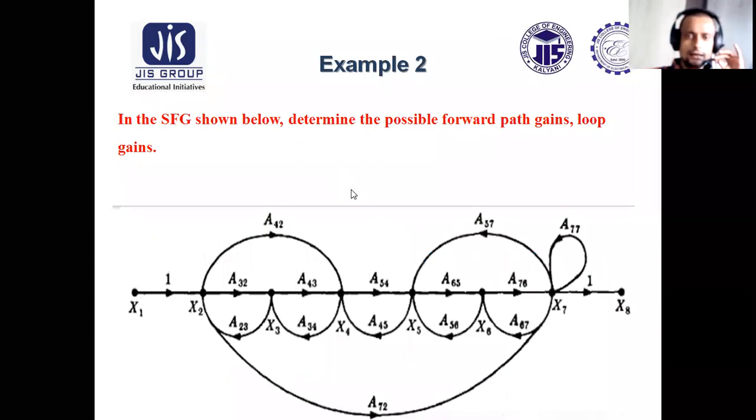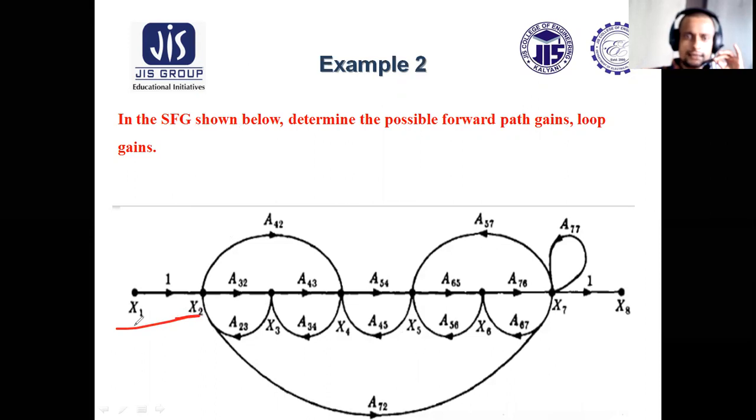Now, similarly, determine for this SFG the possible forward path gains and loop gains. So how to determine that? See here. The input, which one is the input node here?